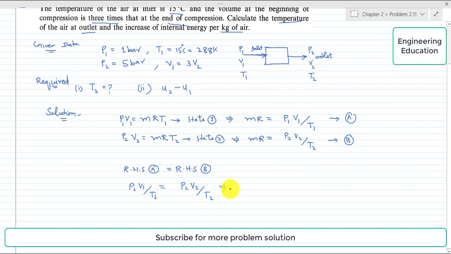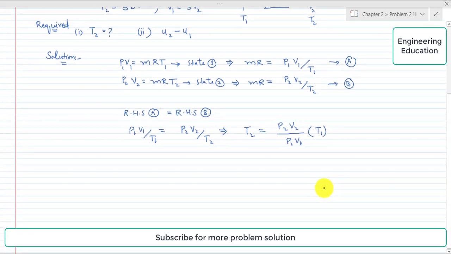Further, if we rearrange it for T2, it will be T2 is equal to P2 V2 over P1 V1 into T1. So all terms and properties are given, only T2 is unknown.